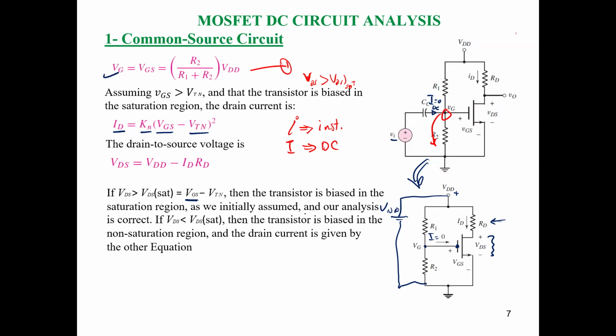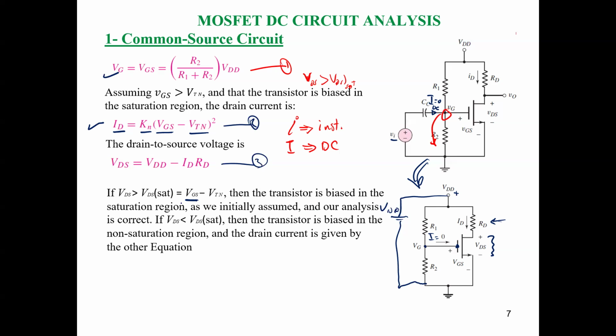So these are the steps of the solution, guys. Firstly, we assume it's in saturation. We calculate ID by knowing the value of VGS from the first relation. So firstly, apply relation number 1. Secondly, apply relation number 2. Third, calculate VDS. Now, you need to compare.